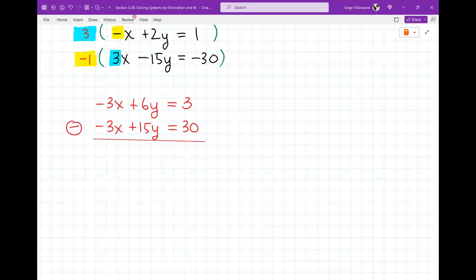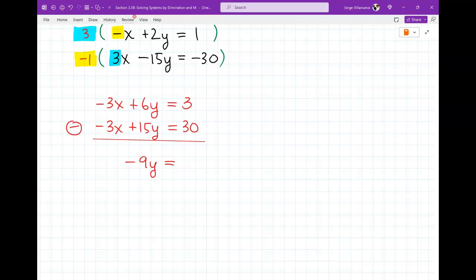All right? So negative 3x minus negative 3x basically becomes negative 3x plus 3x. That's 0. Okay? So that's good. We got rid of something. That's what we're trying to do. And then 6y minus 15y, well, that's negative 9y.